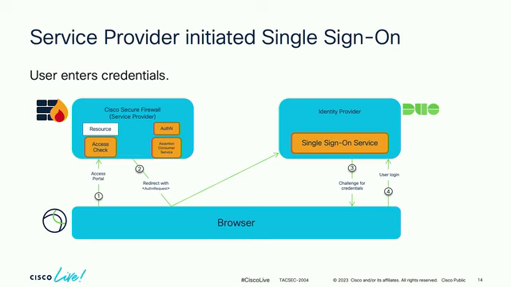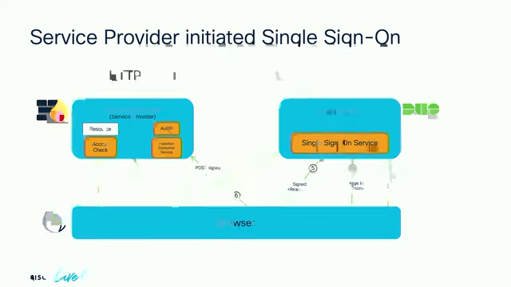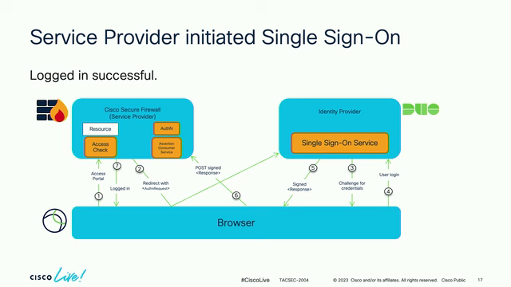At this point, the identity provider will verify if the user will be authenticated or not, and eventually will send out an HTTP post message using the user's web browser back to the service provider. At this point, the service provider will tell the user that you are logged in, or if not, authentication failed due to credentials.